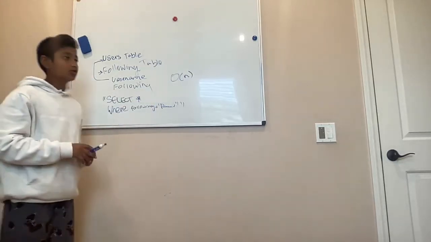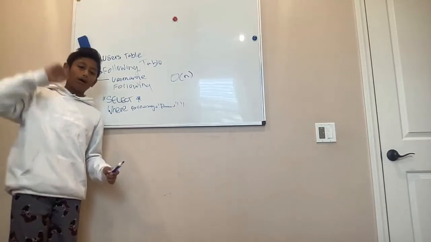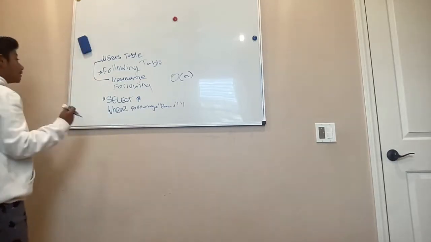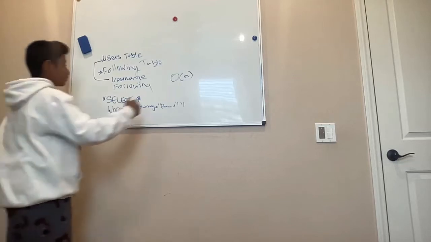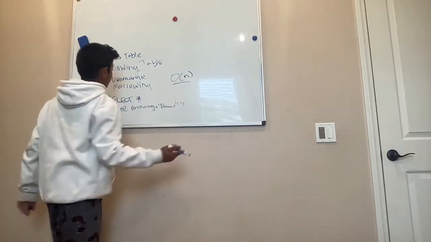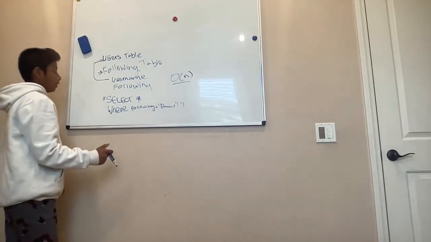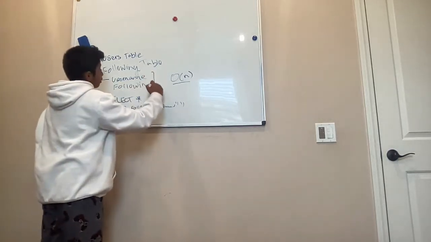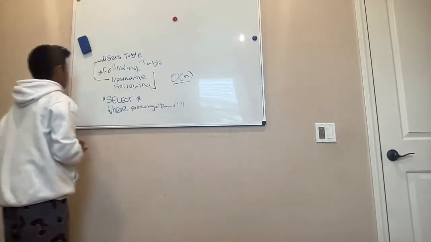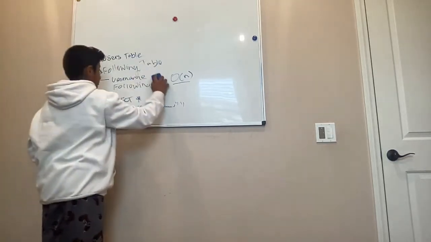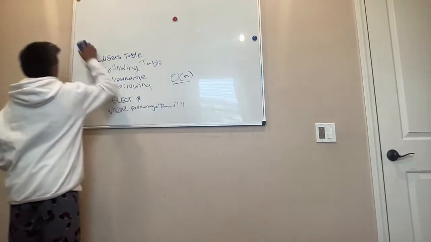So it has to search from the top to the bottom to find out if somebody is following me. And that's why it's a big O complexity of n. Because what happens if my latest following is me? I'm going to have to search through this entire thing or else I'll get a wrong following. So that's why this is a big O complexity of n.